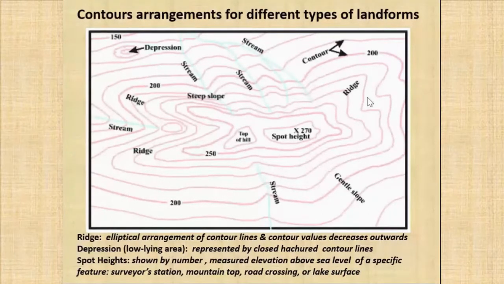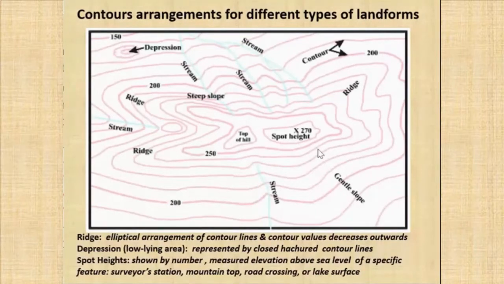Here is depression, and depression is a low-lying area and is represented by closed hachured contour lines. Hachures are small vertical marks or lines inside the contour pointing towards the region of lower elevation. Spot height is shown by a number on a topographical map. Here spot height is marked by the X and it has a value of 270 meters above the mean sea level.